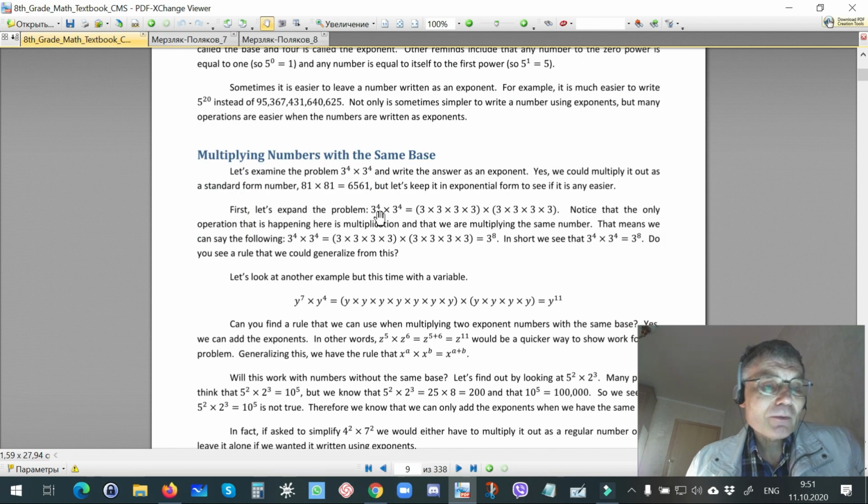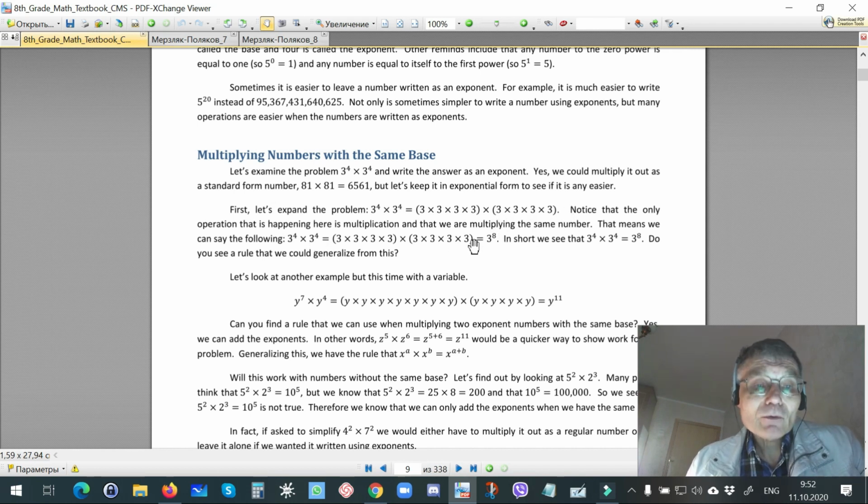Our next step is to revise multiplication of numbers with the same base. When we write 3 to the power of 4 multiplied by 3 to the power of 4, we can actually write down what it means, and it means that we should take 3 repeated 4 times and multiply it by another bunch of 3's, which is repeated 4 times also.